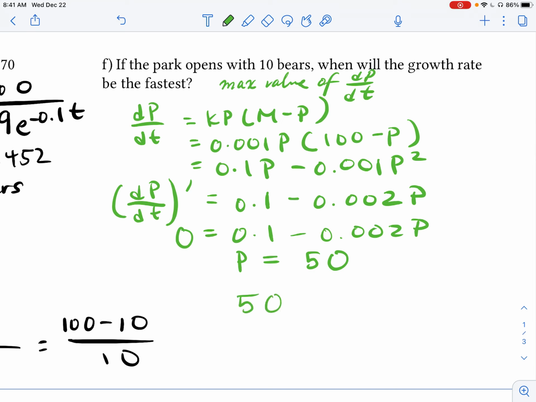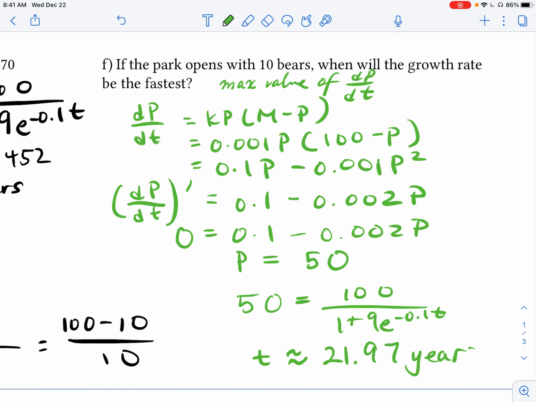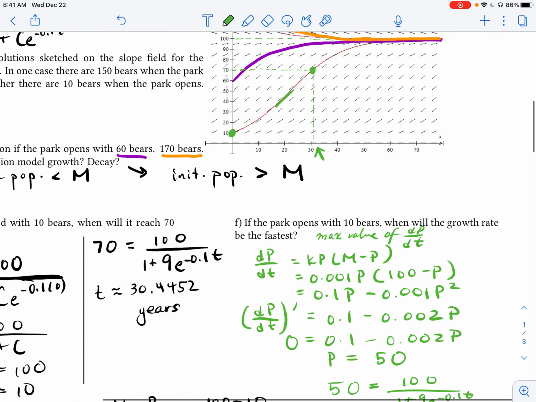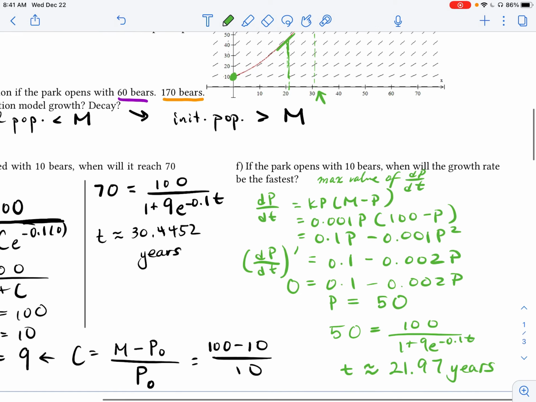So we plug p equals 50 into our population function, and t comes out to approximately, pause if you need to calculate, 21.97 years. And does that match up with what we have in our logistic growth? Looks pretty darn good. It does look right somewhere around there, that we would have the greatest rate of change.